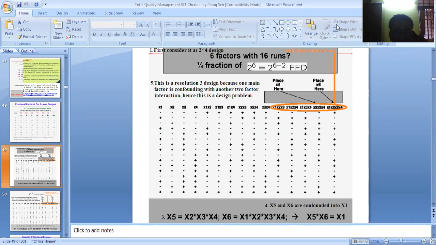Instead of 64 experiments, you can conduct here 2 to the power 6 minus 2. So only 16 experiments you need to conduct. So it will be a 1/4 fractional design. How to conduct the 1/4 fractional design, what are the procedures, I will also discuss in the next class.